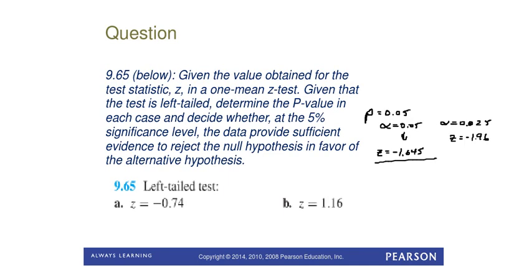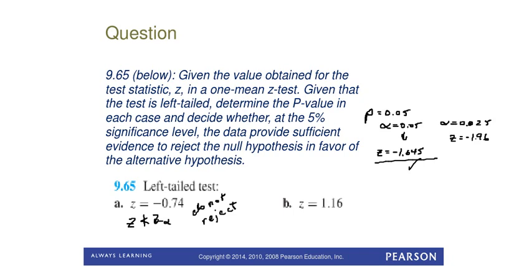But we're interested in this one right here. So we test to see whether or not that z-value is less. Well, in this case, the z-value of negative 0.74 is not less than our z associated with our alpha, z alpha right here. So no, we do not reject. We do not have enough evidence to reject.